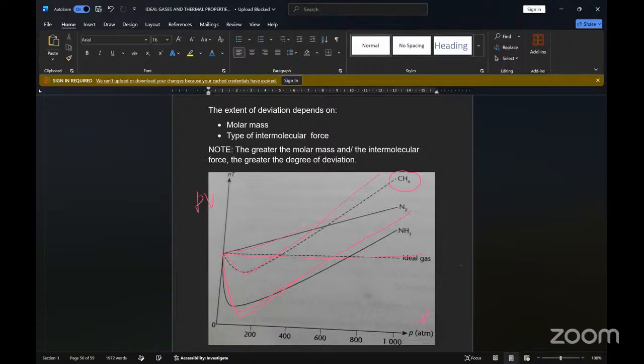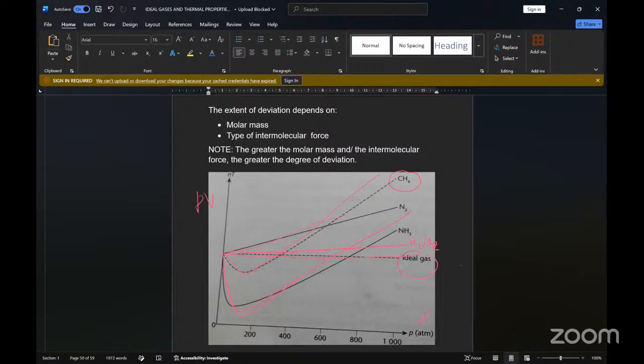If you had hydrogen and helium, they would be very close to this one. They may deviate like this, but helium, He, would be very close to the ideal gas. That's why we say these ones behave as if they are ideal gases.